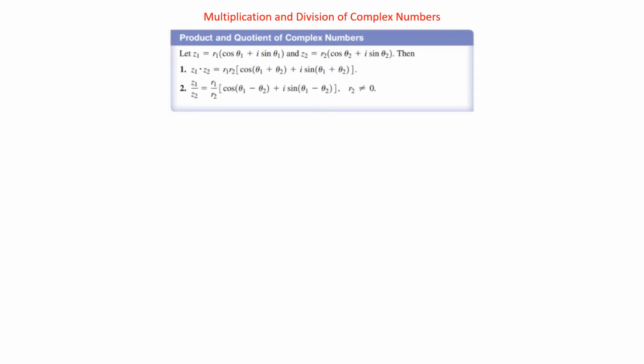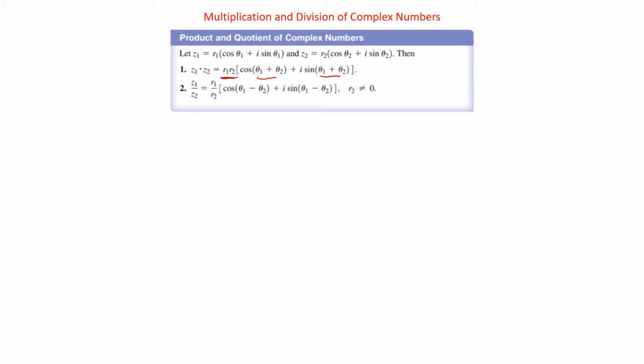Multiplying and dividing. There's a great formula. So we have two complex numbers, z1 and z2, with r1 and theta1, r2 and theta2. When we multiply, we multiply the two r's, and then we add the angles. When we divide, we divide the two r's, and then we subtract the angles.